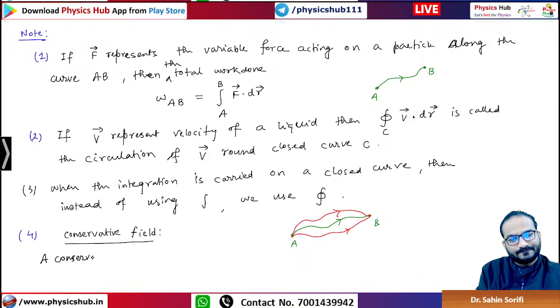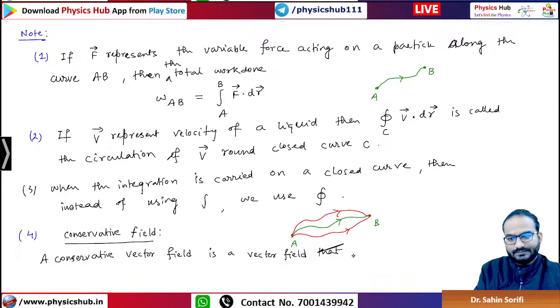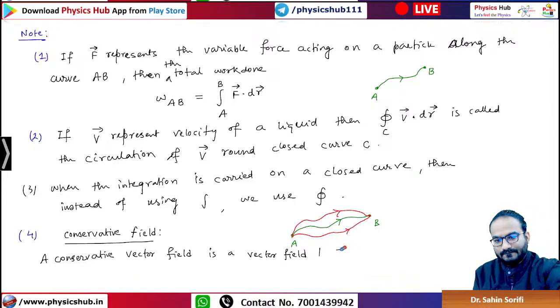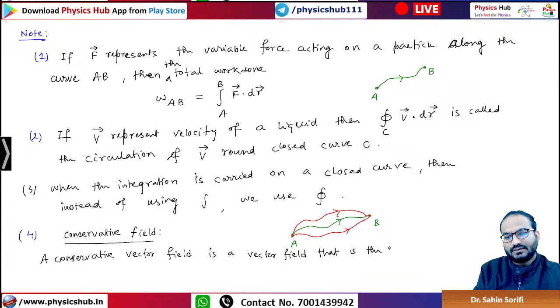So if you want to write the definition of a conservative field, we can simply write: a conservative vector field is a vector field that is the gradient of some scalar function.